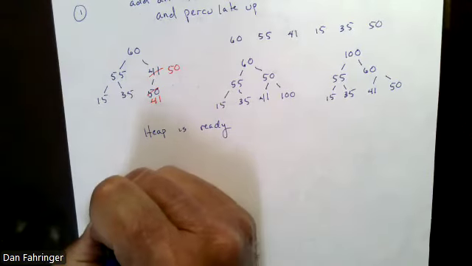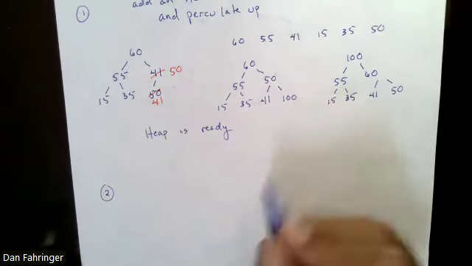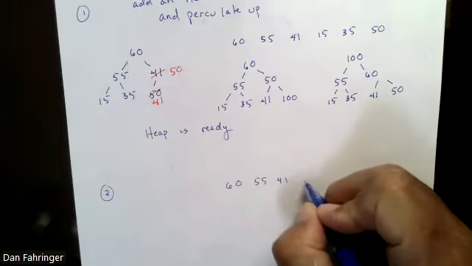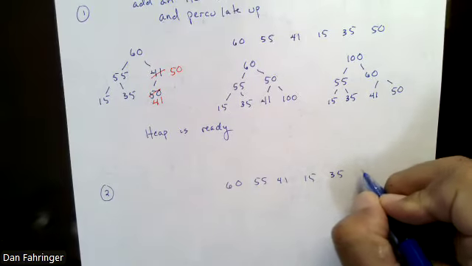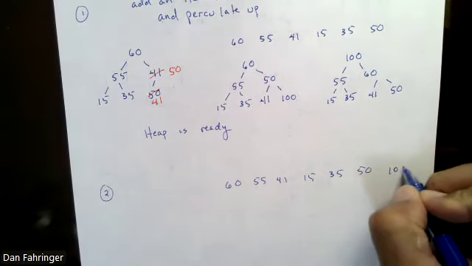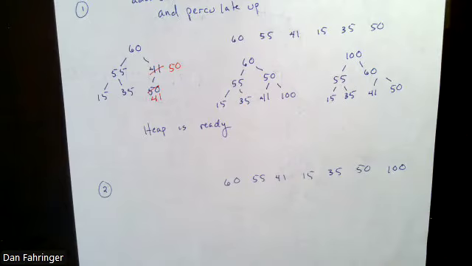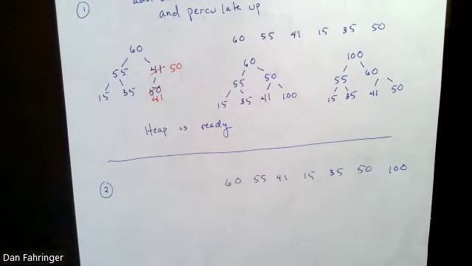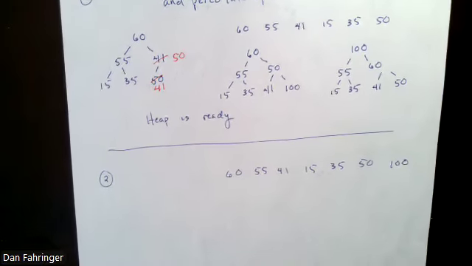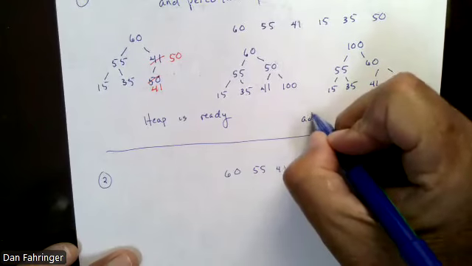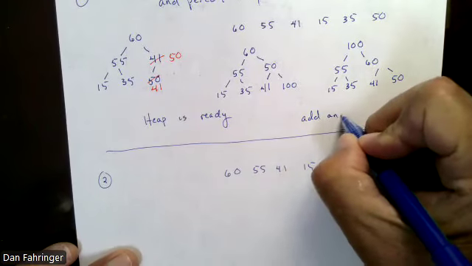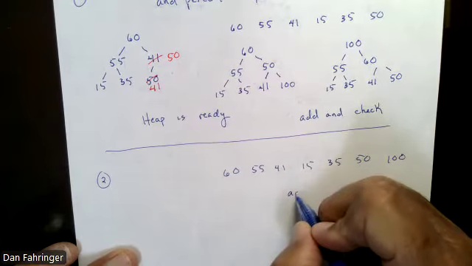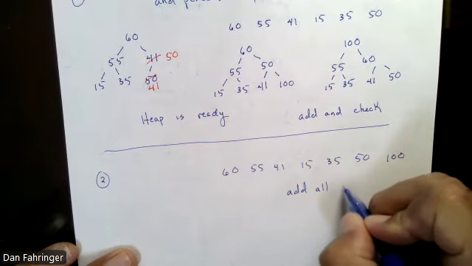Well, a second method is going to be, I'm going to take that same list of numbers, 60, 55, 41, 15, 35, 50, and 100, and instead of adding and checking, I'm going to add them all first. So up here we did add and check. Here we're going to add all, then check.